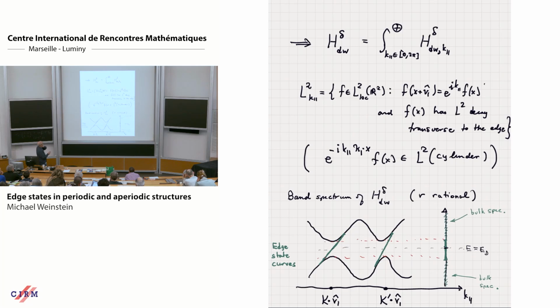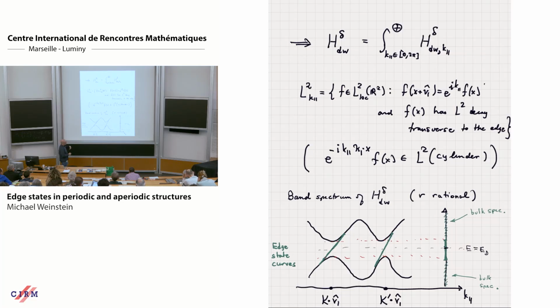So you can decompose L2 of K parallel. You can decompose the Hamiltonian into the direct sum of operators, which are parameterized by K parallel. Each of these operators acts in a space L2 K parallel.